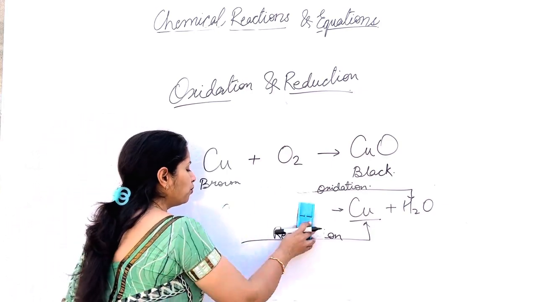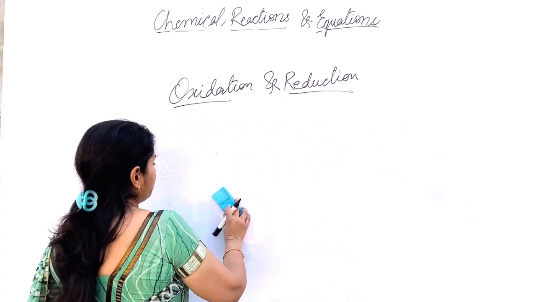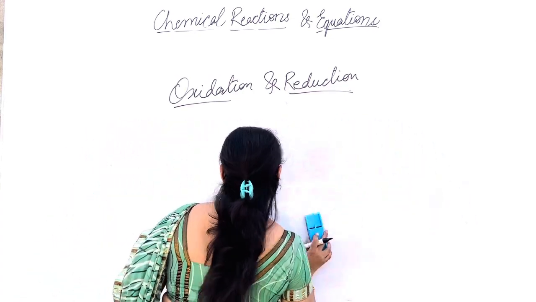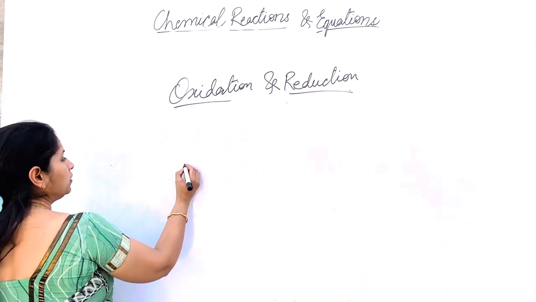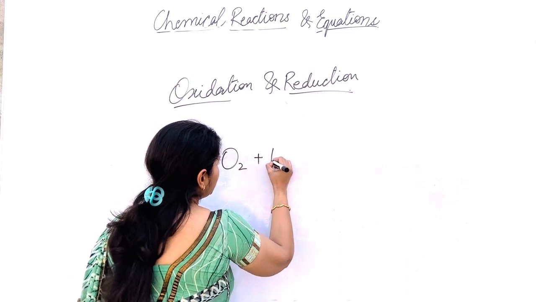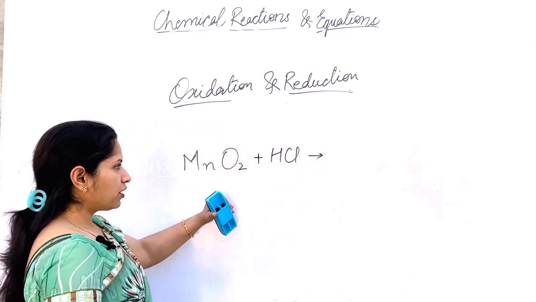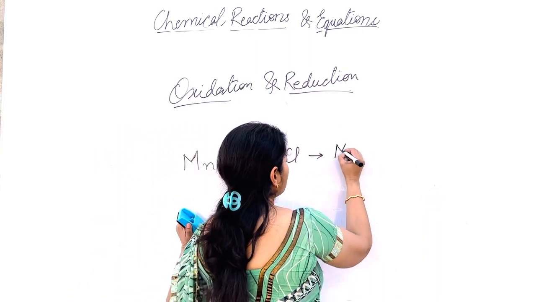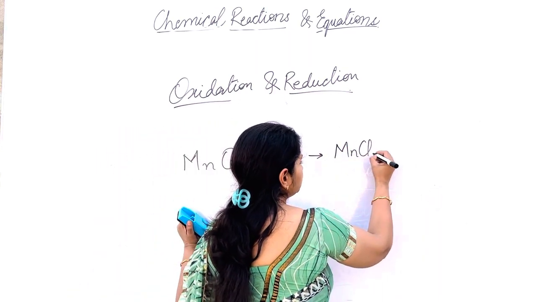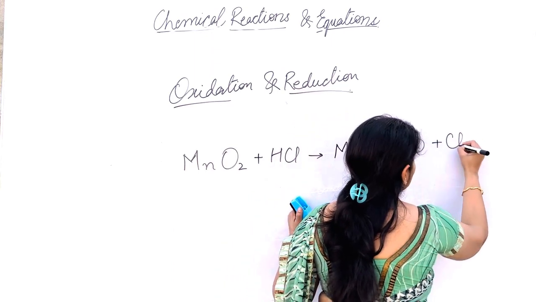I'll just let you know one more reaction. In this reaction, we are going to react manganese dioxide with hydrochloric acid. When they react, what will be formed is manganese chloride plus water plus chlorine.